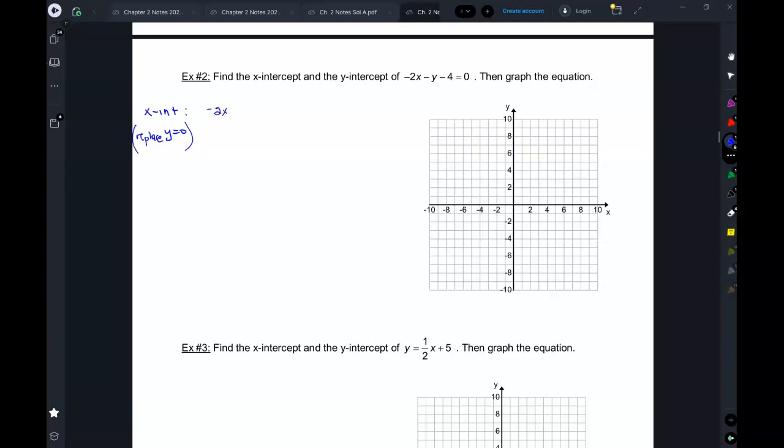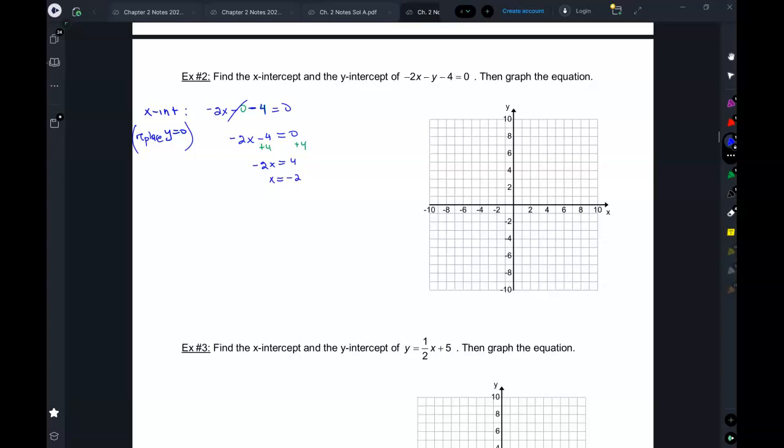Negative 2x minus 0 minus 4 equals 0. Do you see how everything is the same except I put a 0 instead of the y? So now that goes away, right? So I have negative 2x minus 4 equal to 0. Add 4 to both sides. Negative 2x equals 4.